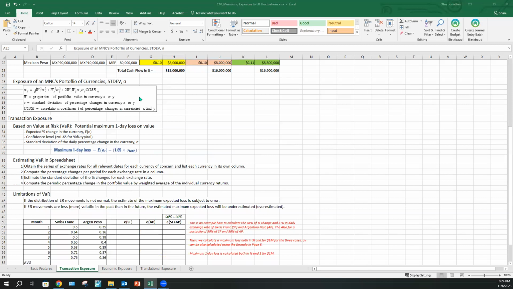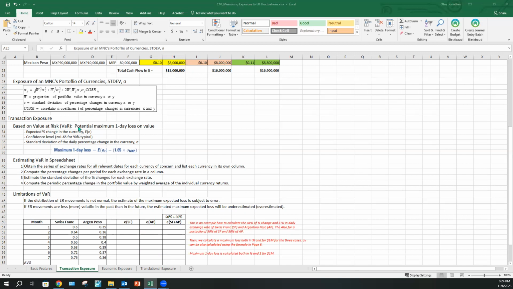Now, for transaction exposure, one of the measures used to explain it is value at risk. This is one method to explain transaction exposure.